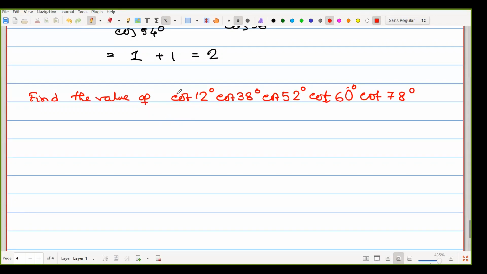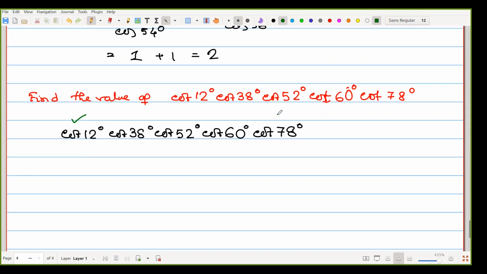Okay. Now for that particular problem, we are dividing the complete thing into cot 12 degree, cot 38 degree, cot 52 degree, cot 60 degree, cot 78 degree. Now I am writing cot 12 degree, cot 78 degree at once.